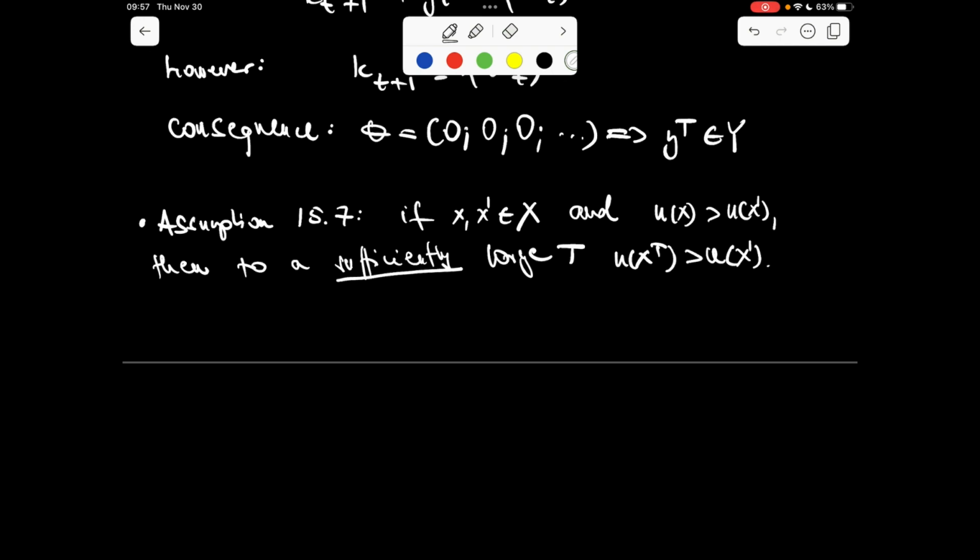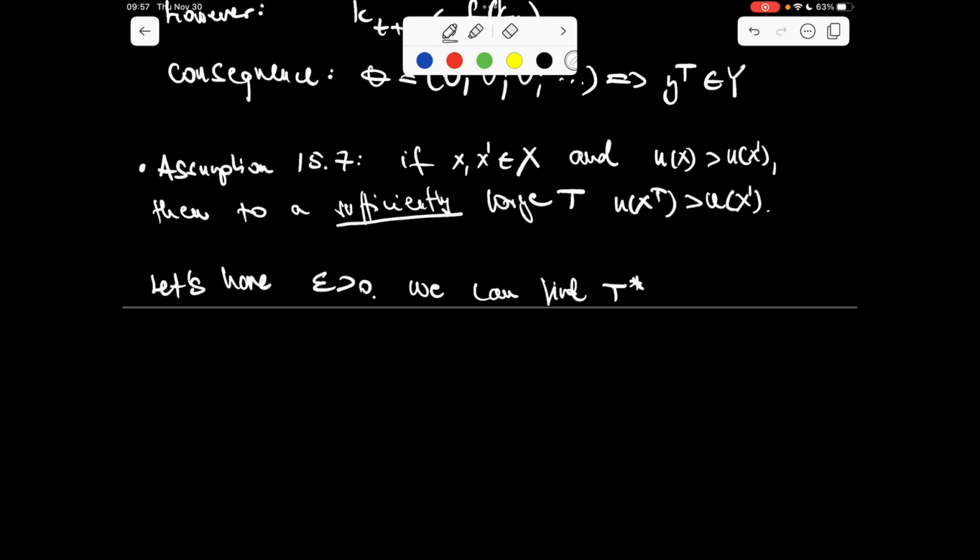Let's use the discounting in the preference system. Let's have a strictly positive epsilon. Given that U is bounded, we can find a specific period to which this holds.